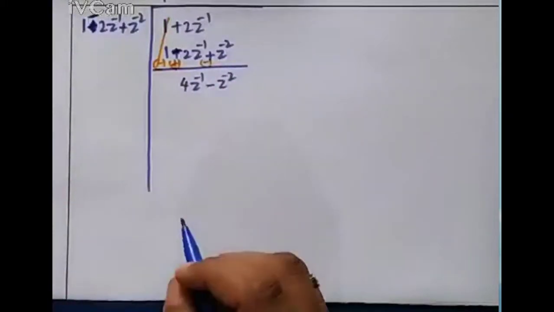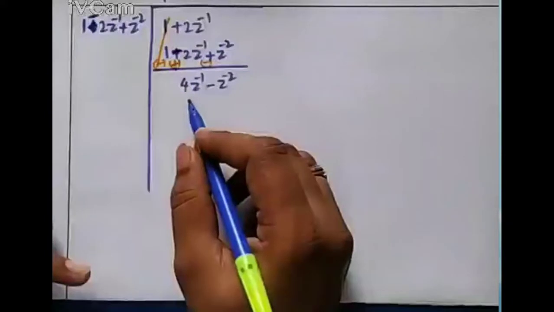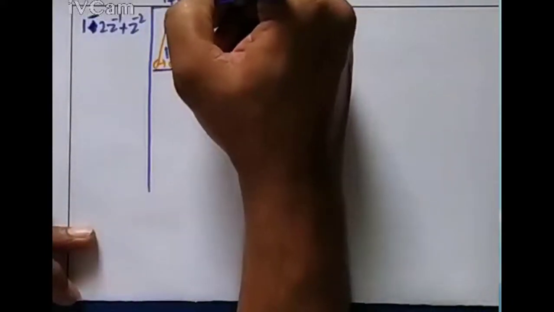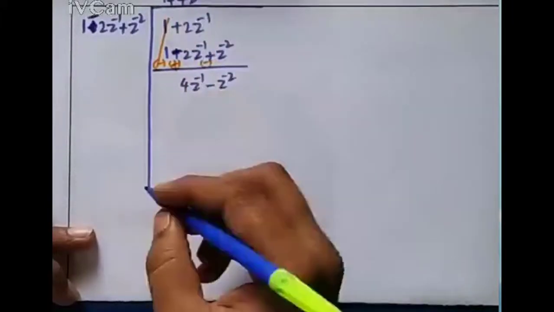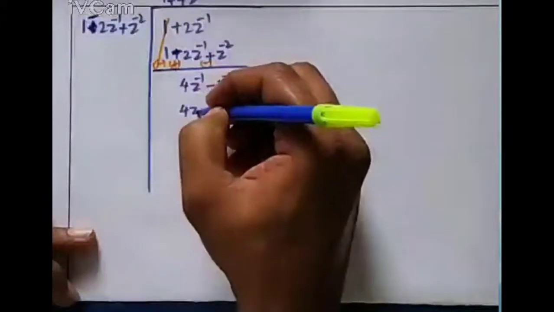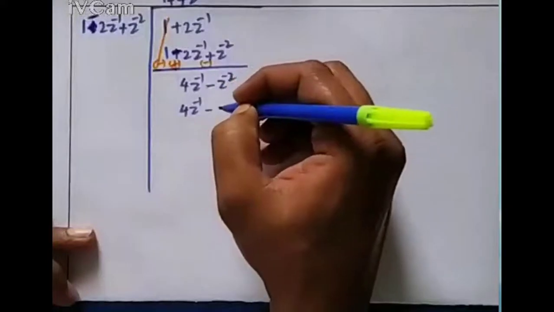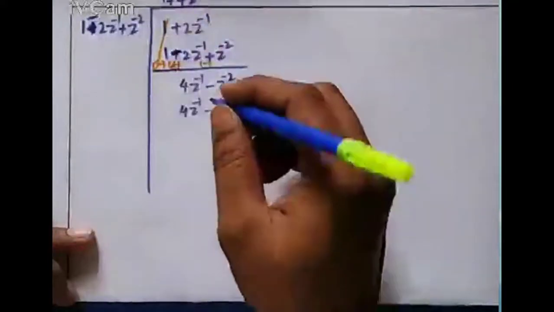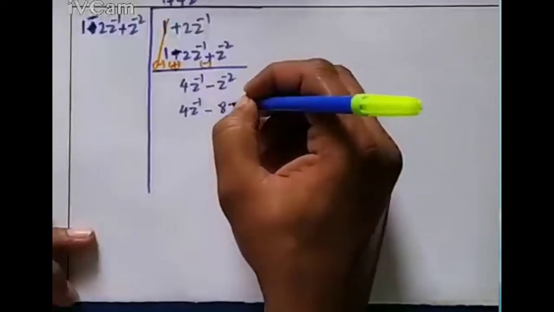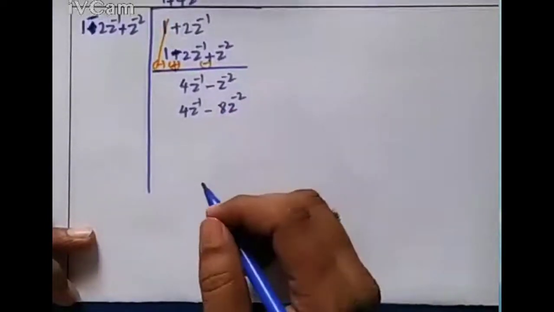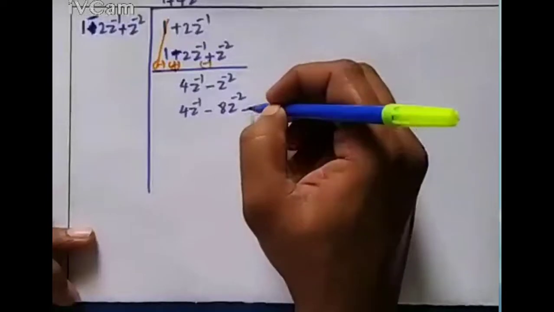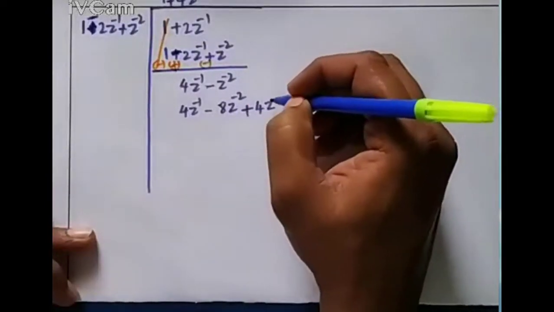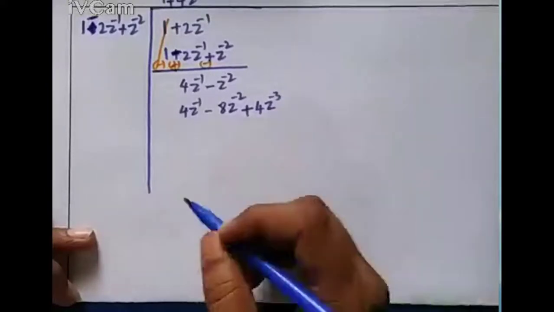Okay, now what has to be multiplied so that I can get 4z^-1 here? Simply you need to multiply with 4z^-1, so that would be 4z^-1 minus 4 into 2, that would be 8z^-2, and then plus 4z^-3.